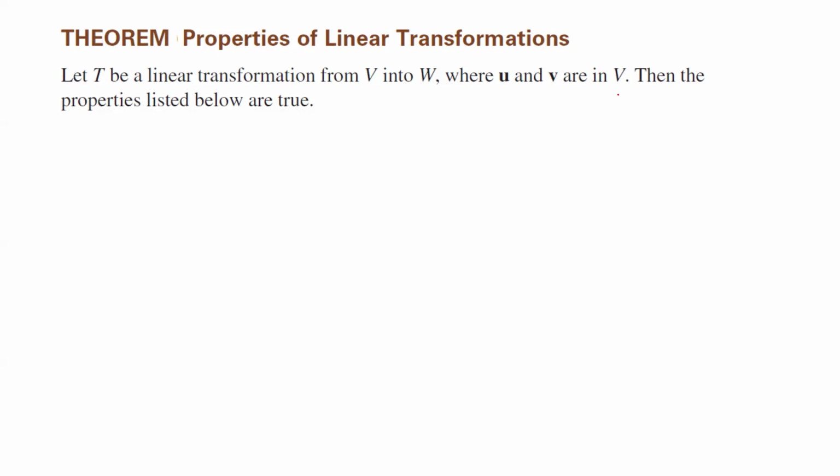Then you have the following properties. First of all, a linear transformation takes the zero vector in V and gives you the zero vector in W. So the zero vector in V might be different from the zero vector in W. You need to be able to differentiate between them.